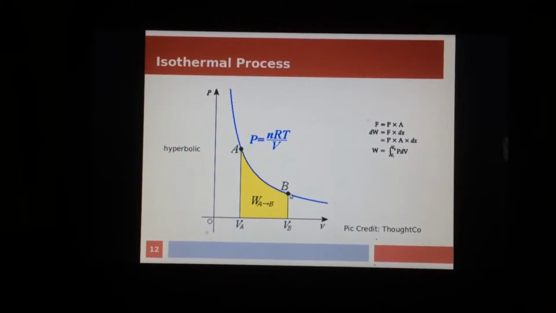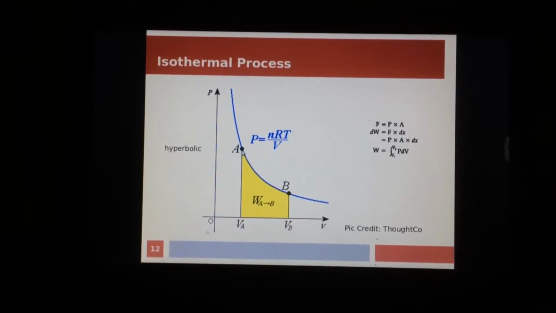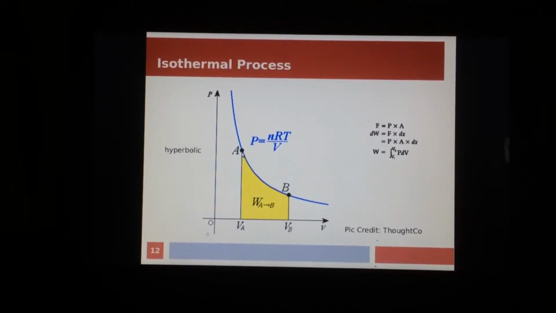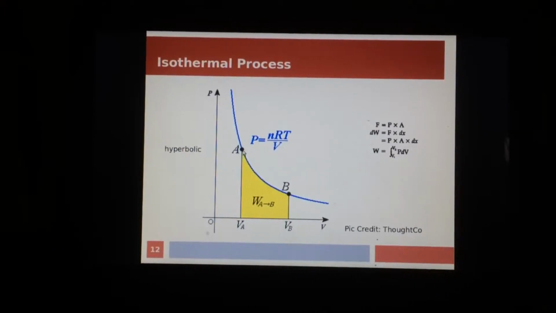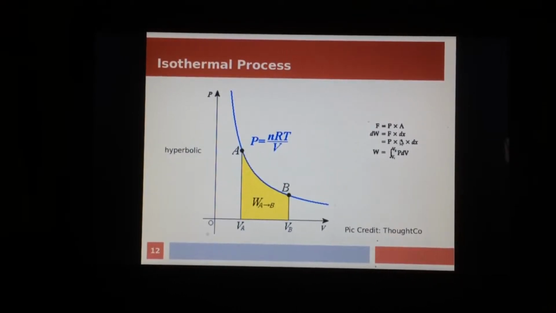Here the pressure is less and the volume is greater, but here the pressure is more and the volume is lesser. So, if a system goes from A to B, work done is the area enclosed by this section of the graph.